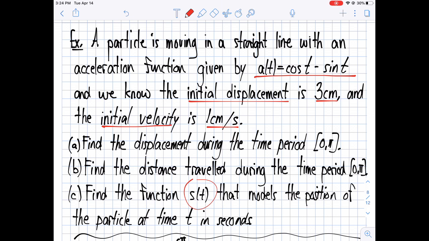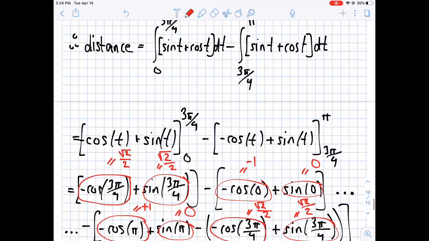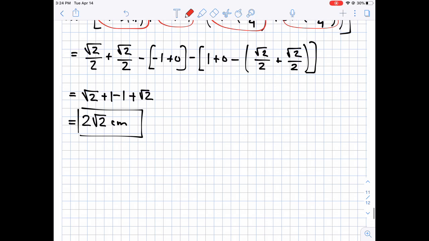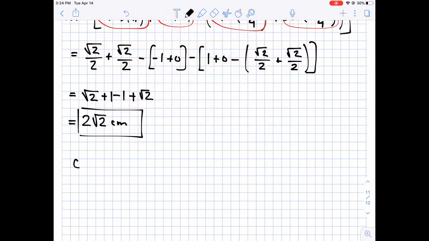Okay, so we know s of t can be defined in terms of the velocity. So let's take a look at how that works. For part C, we know that s of t is going to be the antiderivative of velocity. We'll have to find that constant c, and so we can use our velocity function, which is sine of t plus cos of t.